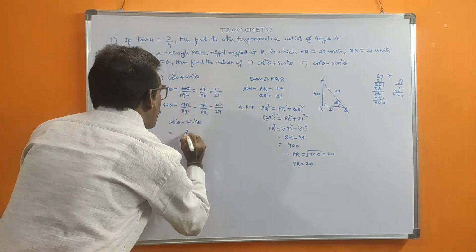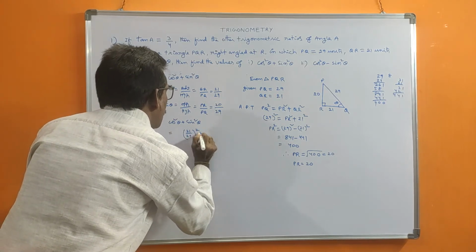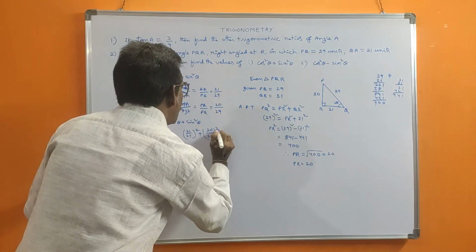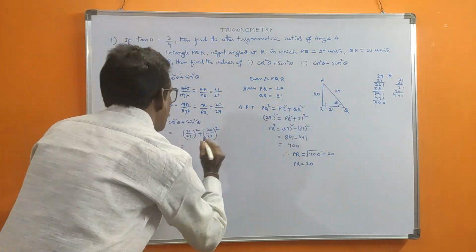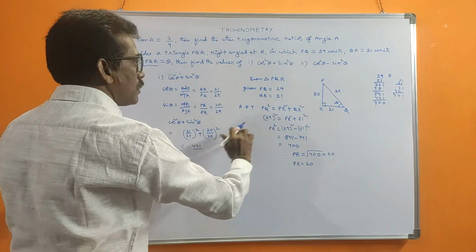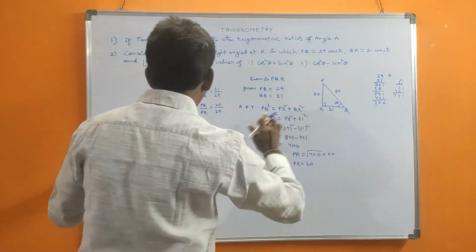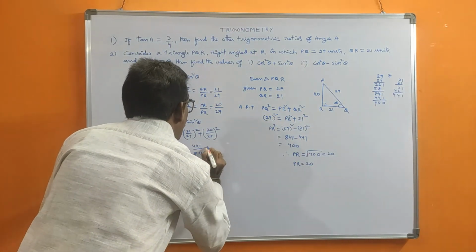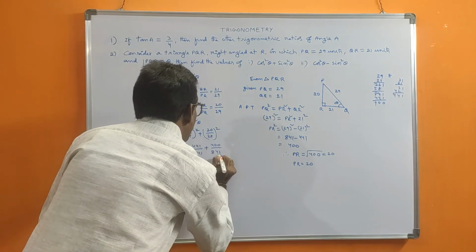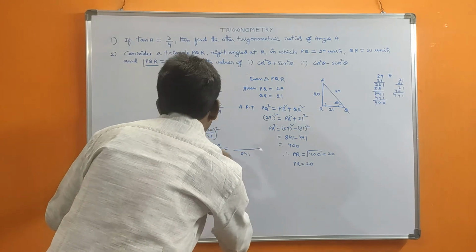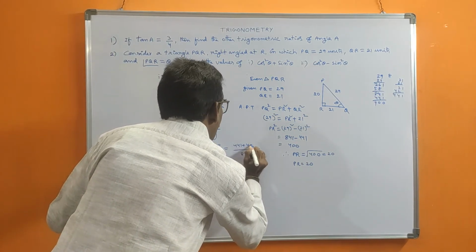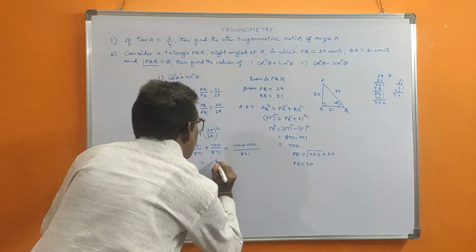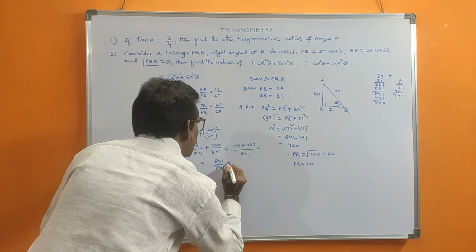So cos theta value we know is 21 by 29, square it, plus sin theta value we know is 20 by 29, square it. 21 squared is 441 by 29 squared is 841, plus 20 squared is 400, and the LCM is 841 only. 441 plus 400 is what? 841 by 841, this is 1.